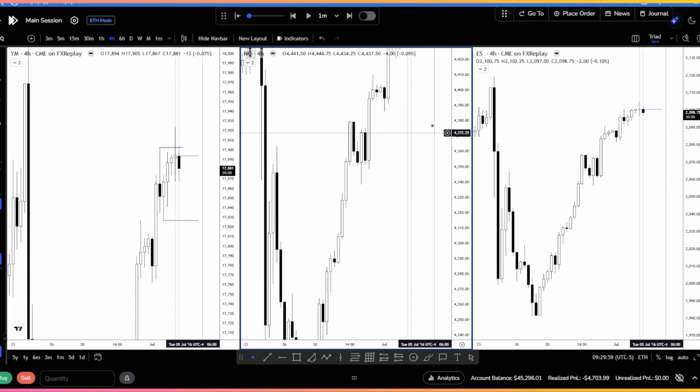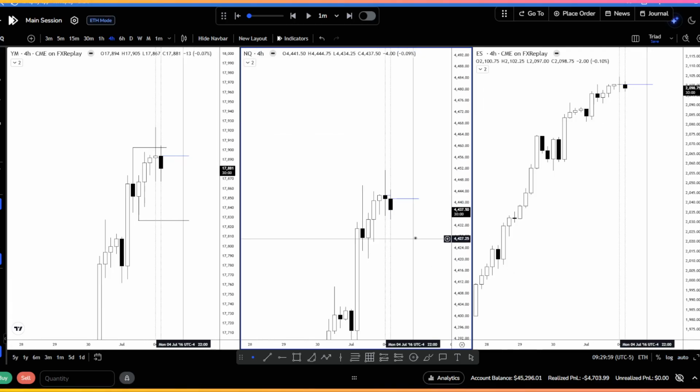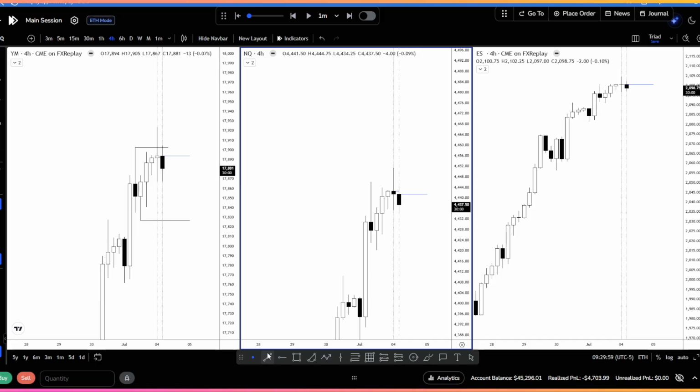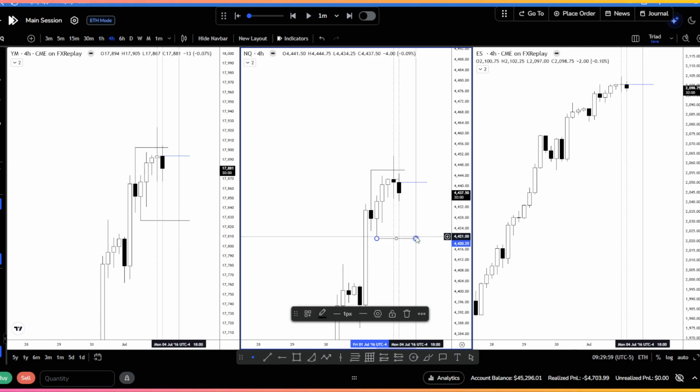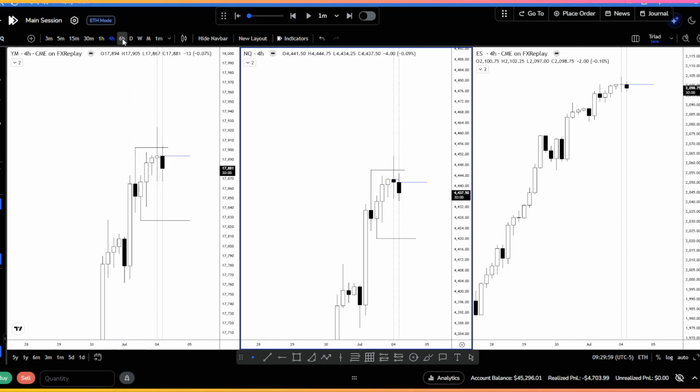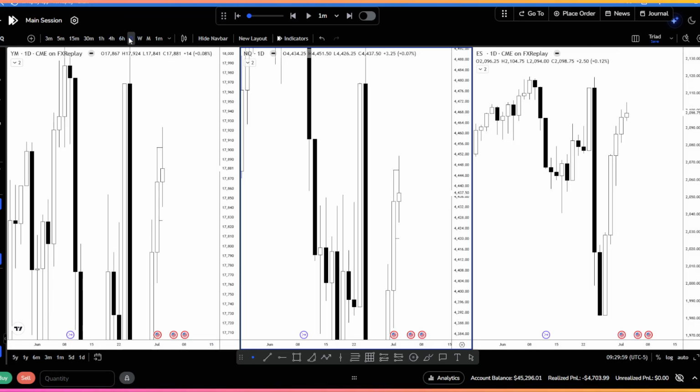But if I want to go lower, since I'm expecting a bullish weekly candle, I want Monday, Tuesday to open and go low, basically make the low of the week, which can happen around here, which is also inside a daily fair value gap.